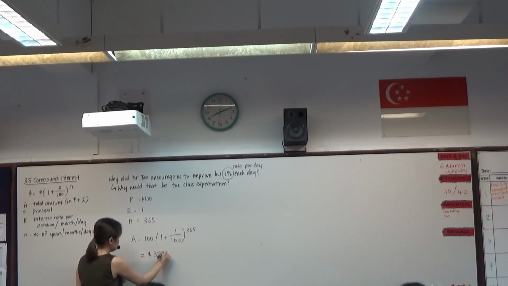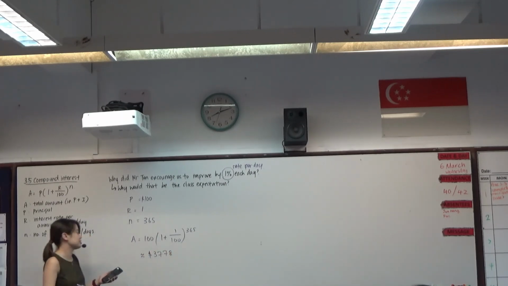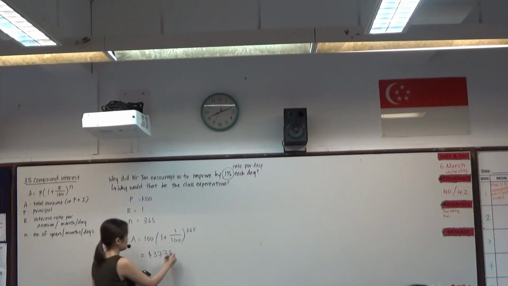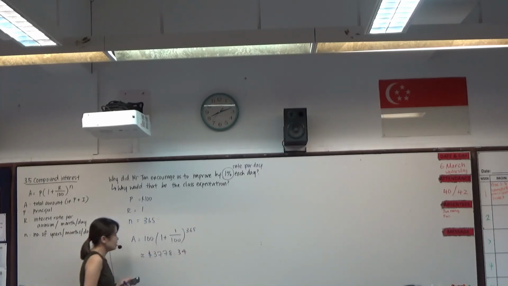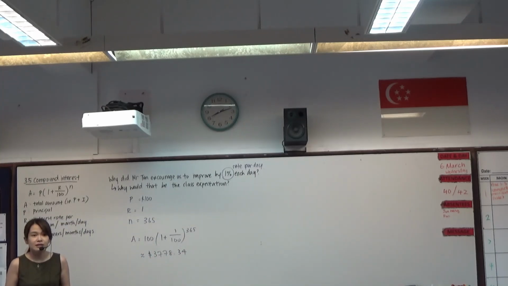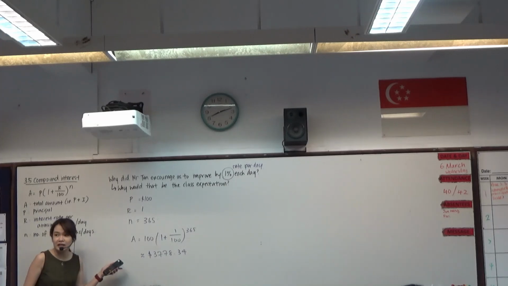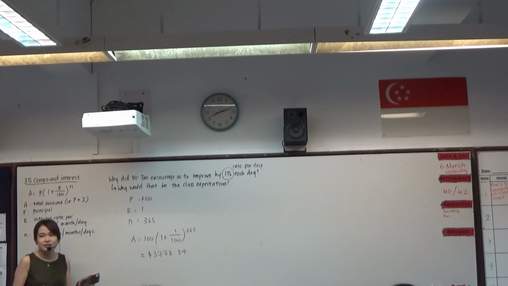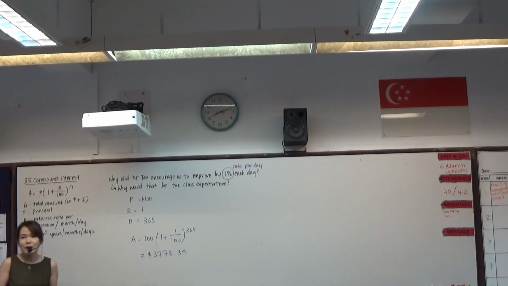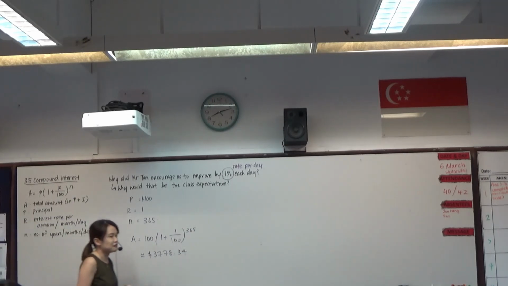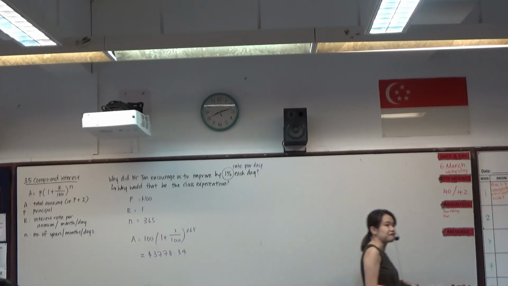About $3,717.34, which is a lot. Versus the start, on 1st of January, if you invest $100 and it's compounded by 1% per day, at the end of the year you're going to see $3,778.34. So the increment is very significant.